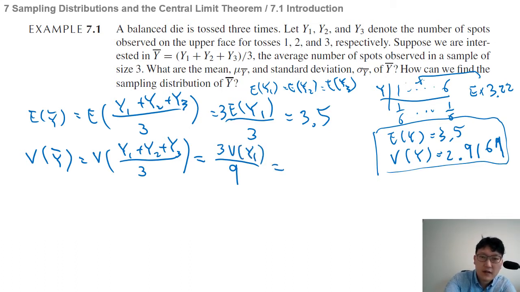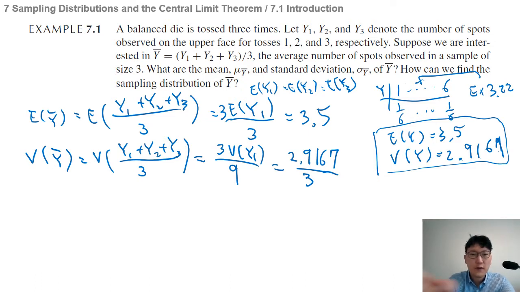The variance of yi is 2.9167, so the 3 and 9 cancel, and this part is 2.9167 over 3.